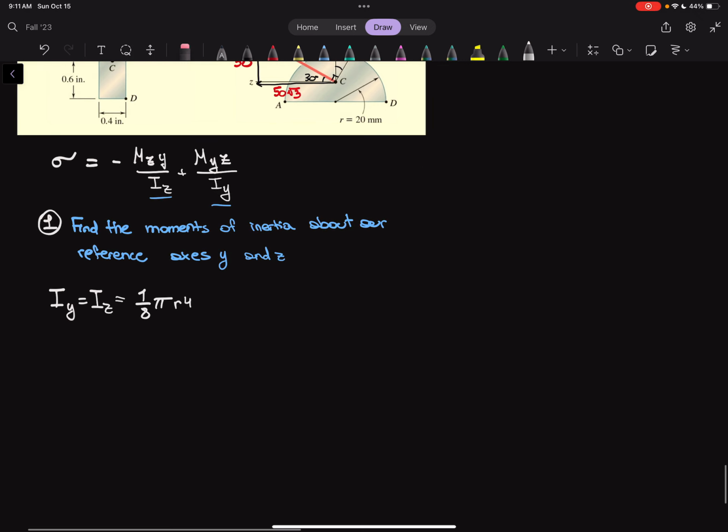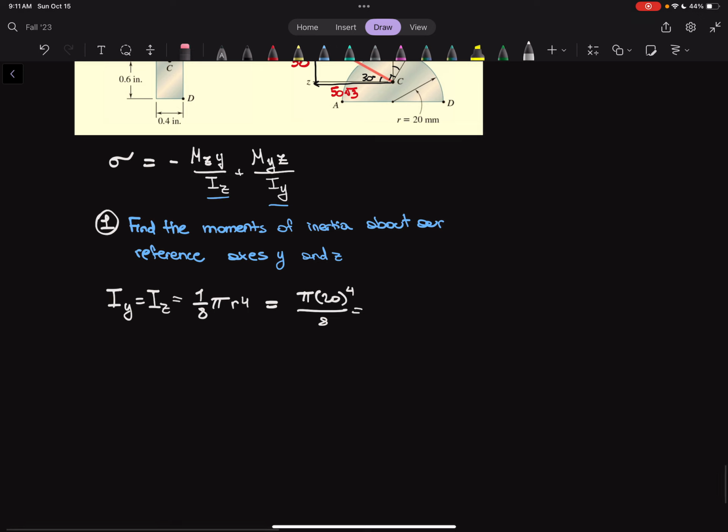Now, r is 20 millimeters, so we'll do pi times 20 to the fourth divided by 8. So let's do that real quick. That gives us 62,832 millimeters to the fourth. Okay? So then we go to step 2.